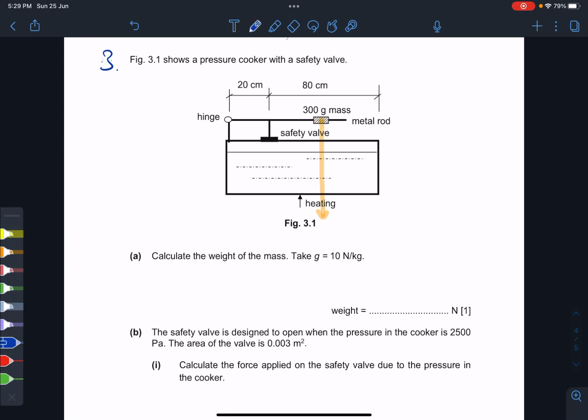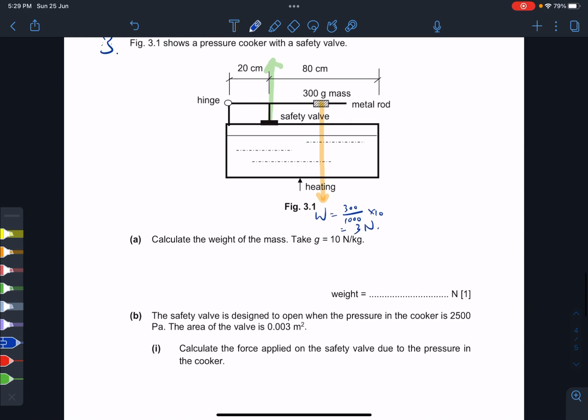So it's just 300 gram, which means the weight in this case is 300 over 1000 times 10, 3 Newton. So there is 3 Newton going down due to the mass. The safety valve has an upward force. So W equals 300 over 1000 times 10 equals 3 Newton. 3.0 Newton, 2 SF.